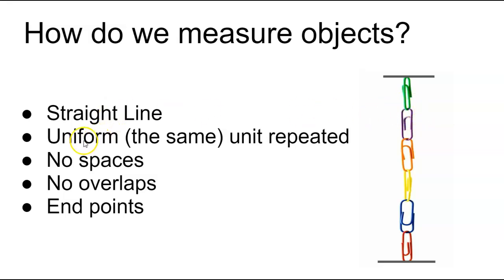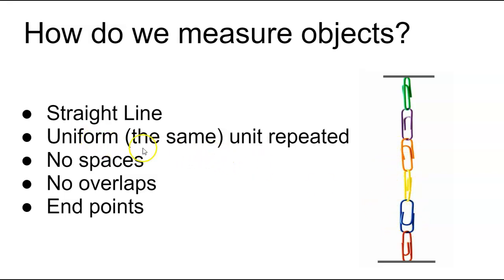You also have to have the uniform or the same unit repeated. So the uniform means the same. So I can't use 3 paper clips and then 1 big Post-it. The unit has to be the same. The 1 paper clip is used over and over and over, just like an inch would be used over and over and over to measure something, okay?